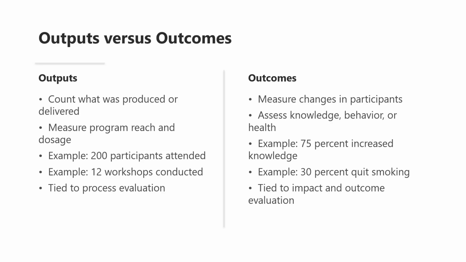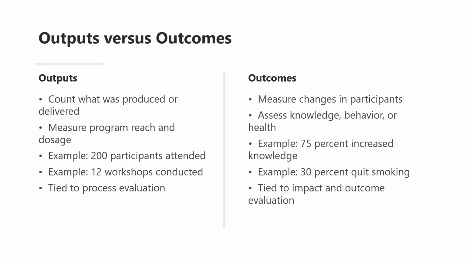Outcomes, on the other hand, measure actual changes that occur in your participants or target population as a result of the program. They answer the question, what difference did the program make? Outcomes can be short-term, such as 75% of participants demonstrated increased knowledge on the post-test.